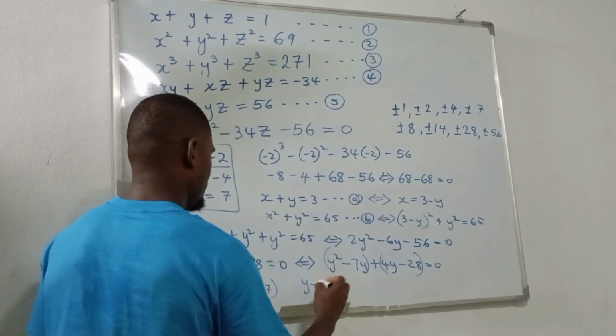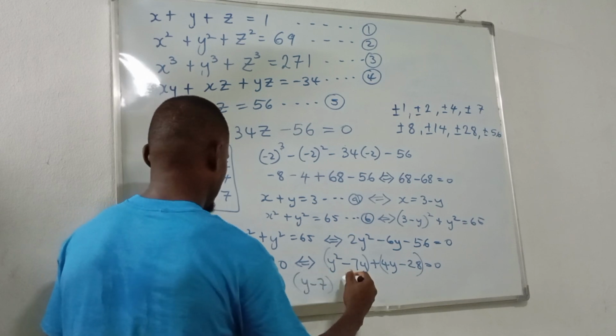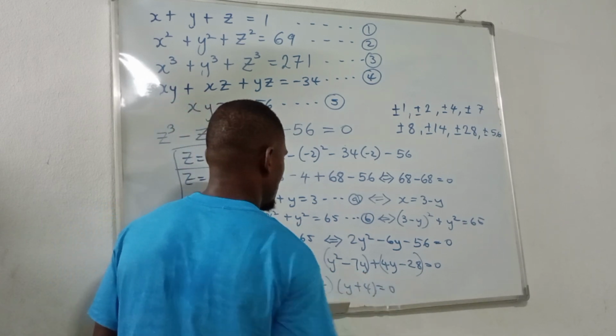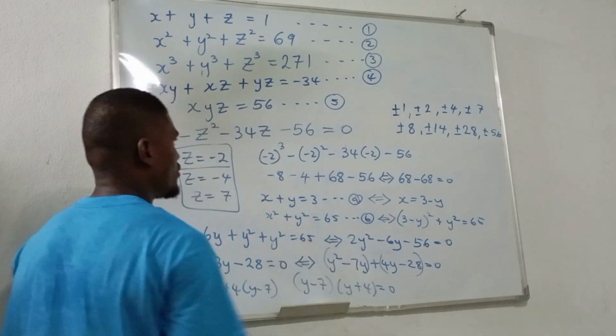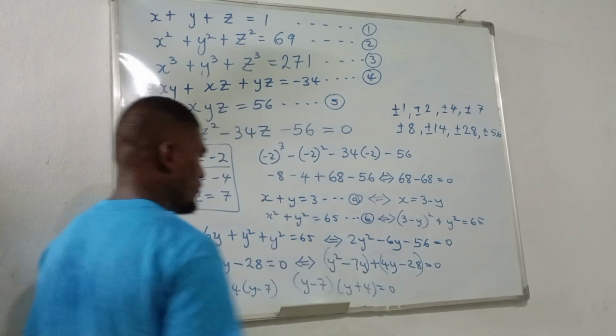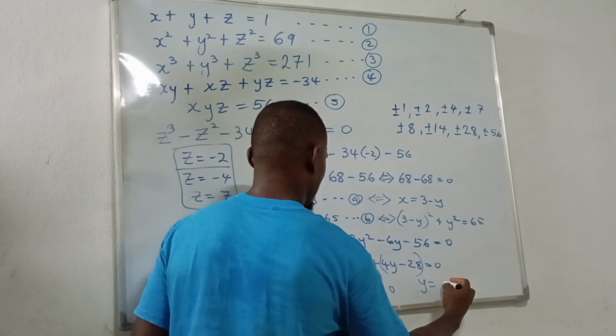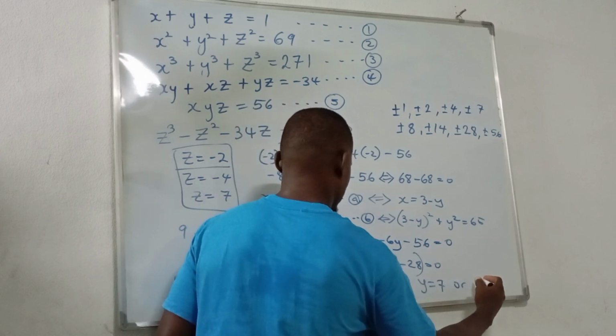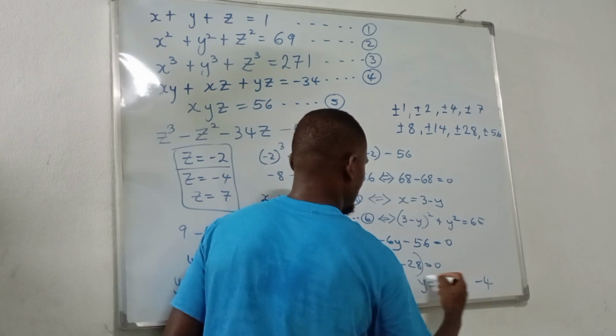So y minus 7 and y plus 4 is equal to 0. So from what we've done so far, we found out that y will be equal to 7 or minus 4.